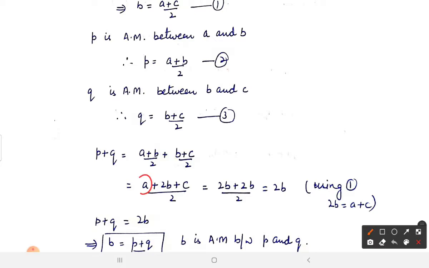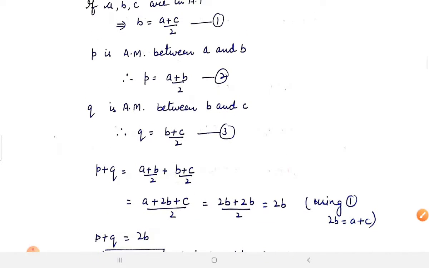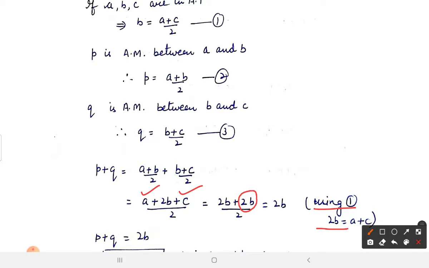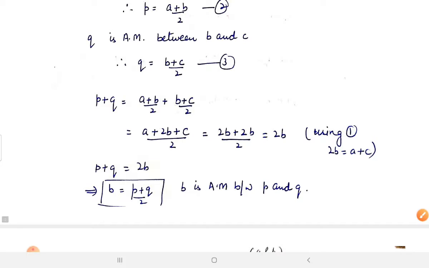What is the value of A + C? Using 1, we have 2B = A + C. So writing here 2B, 2B + 2B is 4B, divided by 2 is 2B. So we have (P + Q)/2 is B. This means that B is the arithmetic mean between the two numbers P and Q.